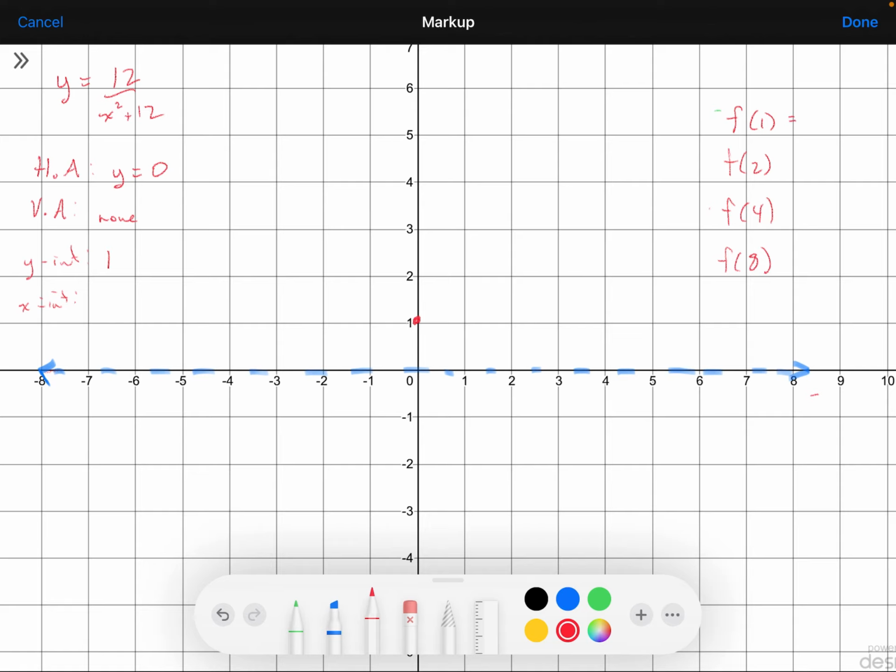So my y value when x is equal to 1 is 12 over 13. When x is 2, it's going to be 12 over 16. See, I told you this would not be very exciting.